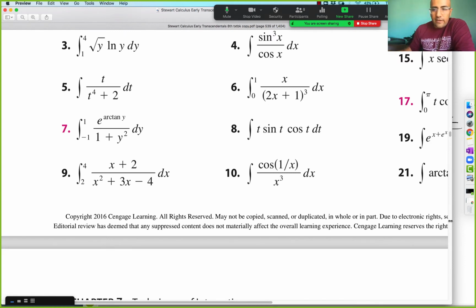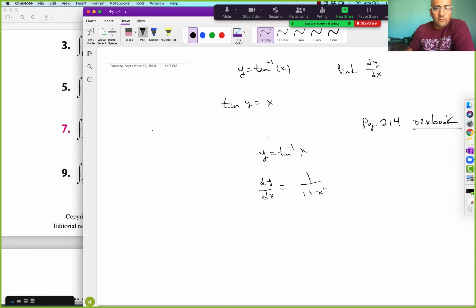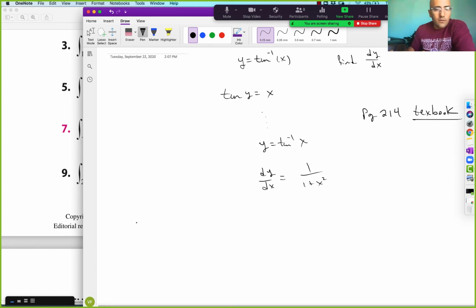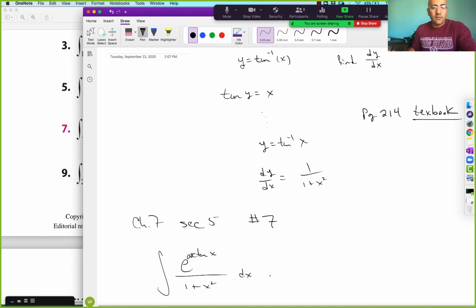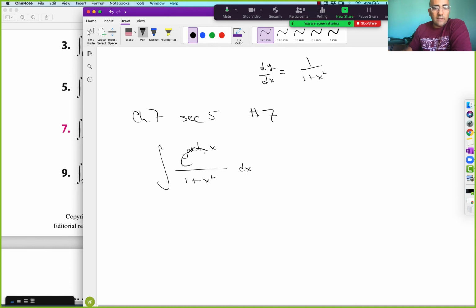Okay, so now we have Chapter 7, Section 5, number 7. We have the integral of e to the arc tangent of x over 1 plus x squared dx. That's the same thing as tangent inverse, so we're going to let a u substitution happen here. Let u equal tangent inverse of x.